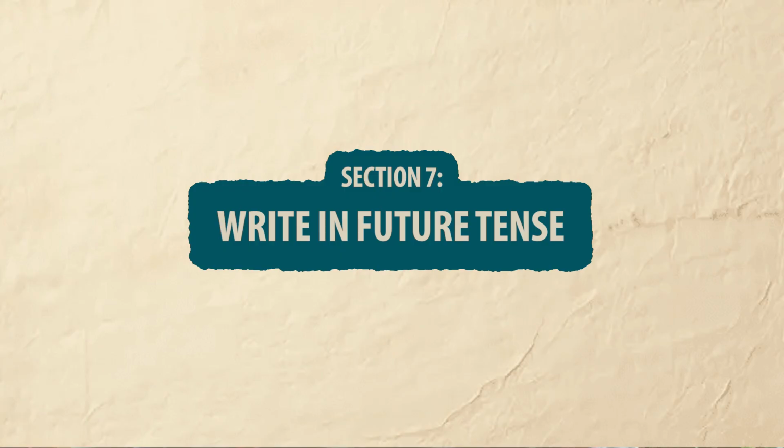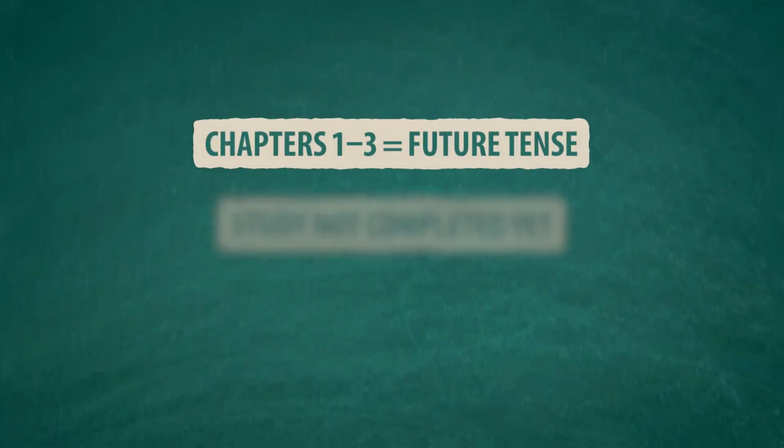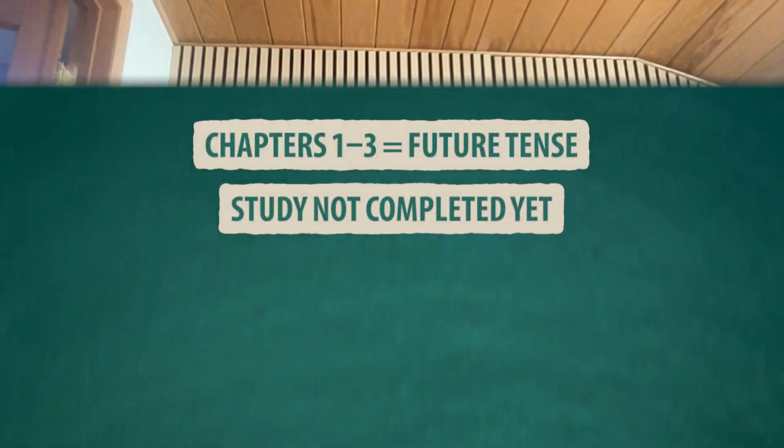One thing I see every once in a while is people who start writing their chapter 1 and they start writing in the past tense: this study found. The tradition is you write your chapters 1, 2, and 3 in the future tense at the proposal stage because technically you have not completed the study, which means after you complete the study, you have to go back and change this to past tense.